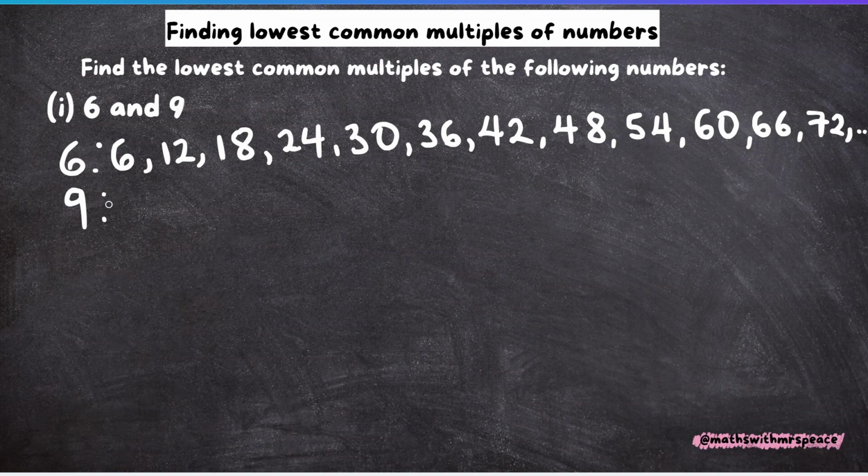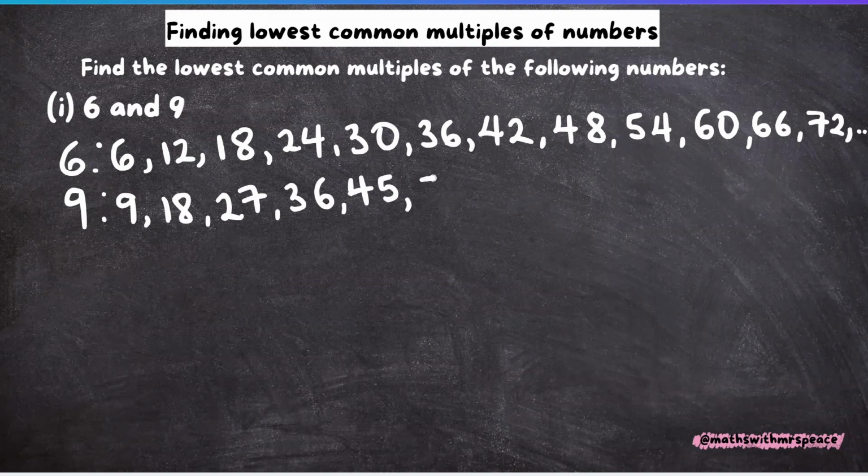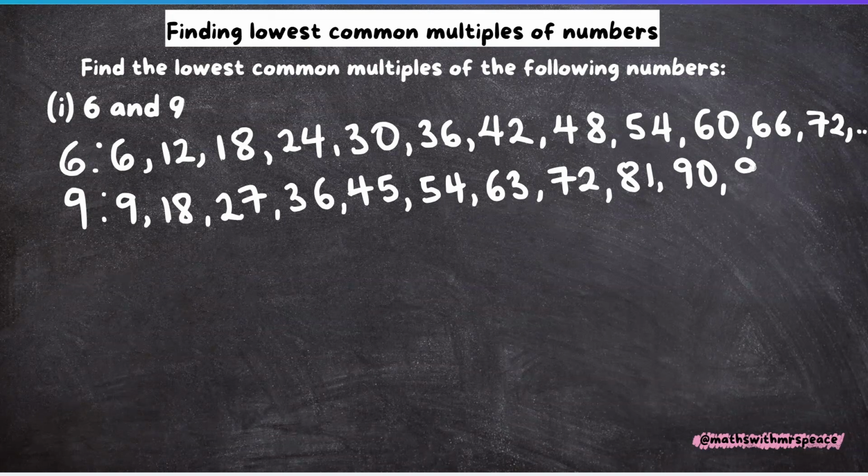So we're going to have 9, 18, 27, 36, 45, 54, 63, 72, 81, 90, 99, 108.